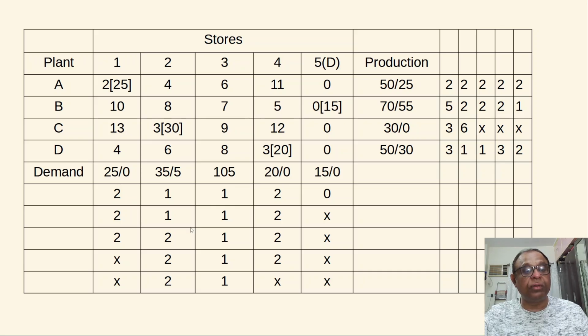Now the new penalty calculation, of course, is going to be 6 minus 4, that makes it 2. And then here it is going to be 7 minus 6, which makes it 1. And of course, the penalty calculation here is going to be 6 minus 4, that makes it 2. Now here the penalty calculation is going to be only between 7 and 8.